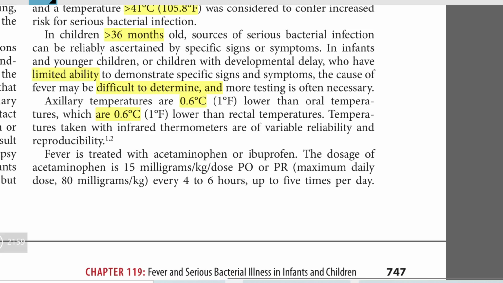Temperatures taken with an infrared device are of variable reliability and reproducibility. Fever is treated with acetaminophen, at a dose of 15 mg per kg per oral or per rectal. Maximum dose is 80 mg per kg, every 4 to 6 hourly, up to 5 times a day.